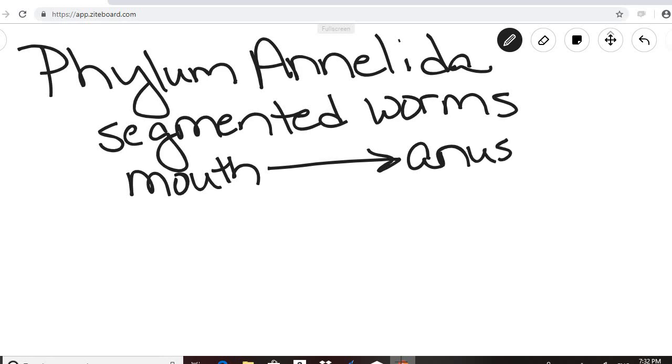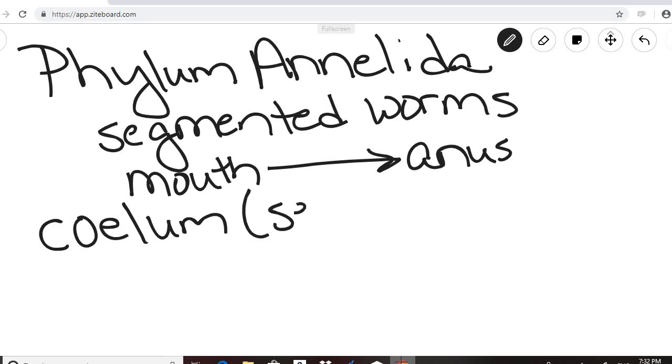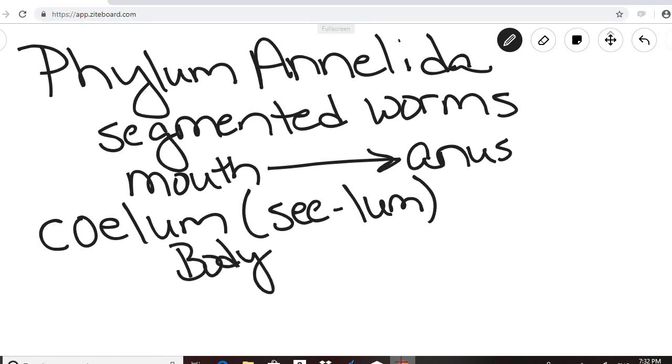And they have a structure that is called a coelom. Okay, so this is pronounced coelom. It's the body cavity that's divided into segments.